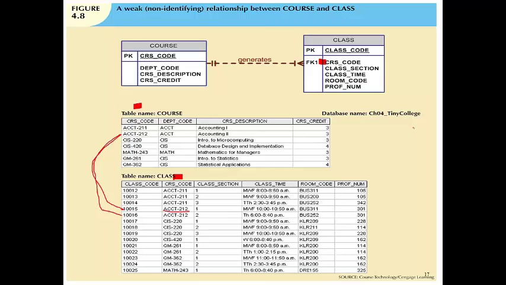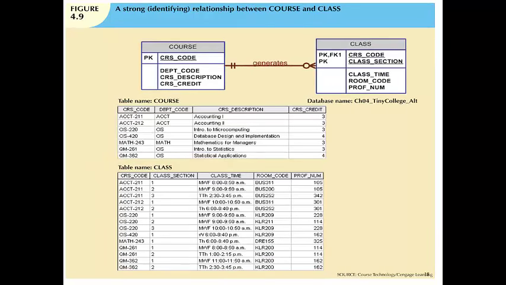That, to me, is the really important part. That's the part you have to get right. Whether this foreign key is going to be part of the key or not is a less important issue than making sure that you have all the right keys and foreign keys to make the relationships necessary to solve the problem.